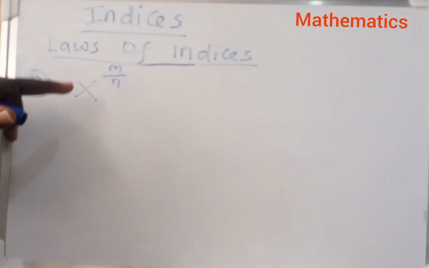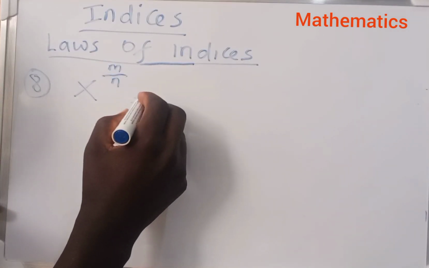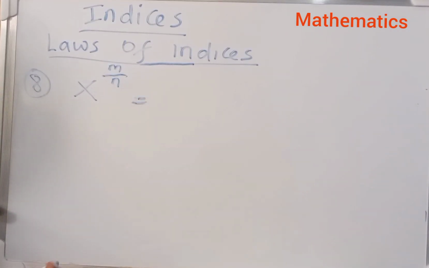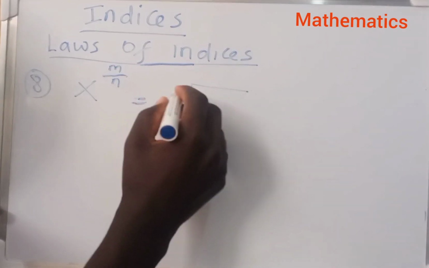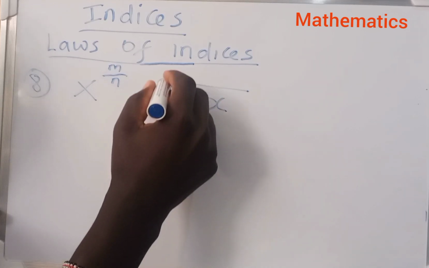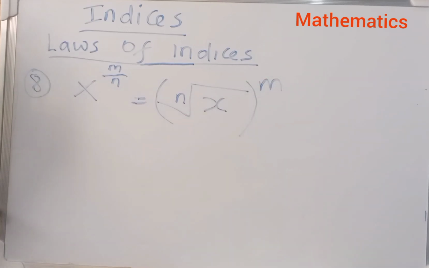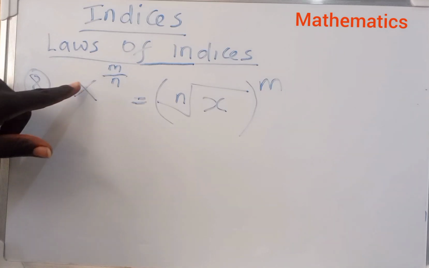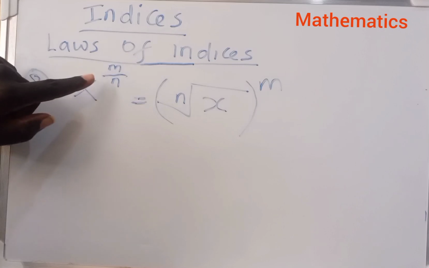That is x raised to m over n, where the power is a fraction, m over n.